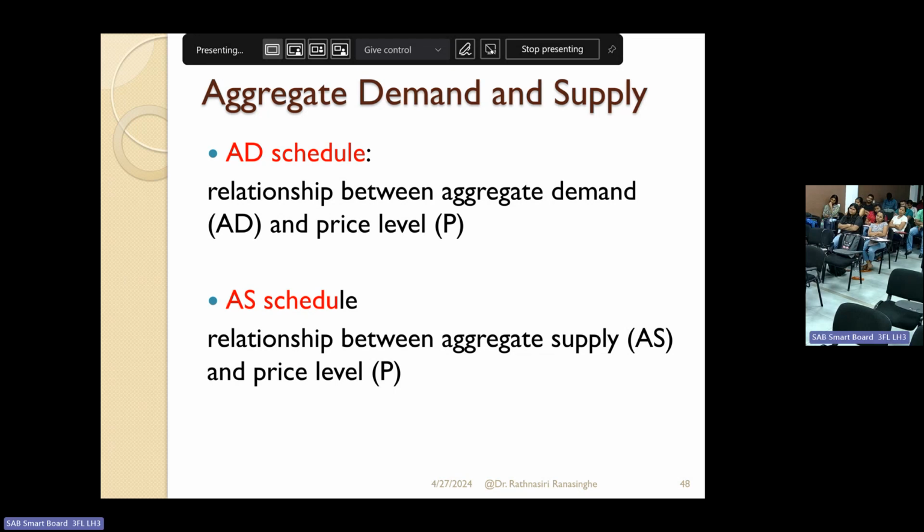According to classical economics, the aggregate supply curve is vertical. So they highlight that supply side factors are more important than demand side factors, while Keynesians say demand side factors are more important. Likewise, there is a conflict between these views.